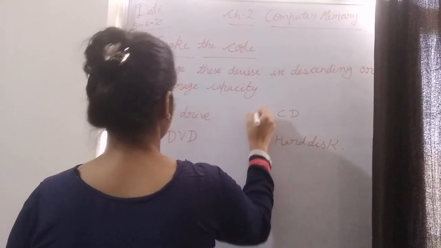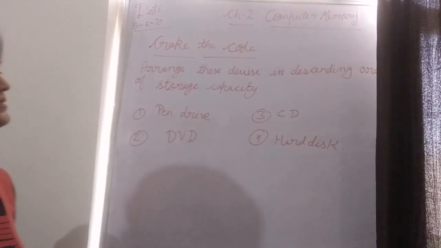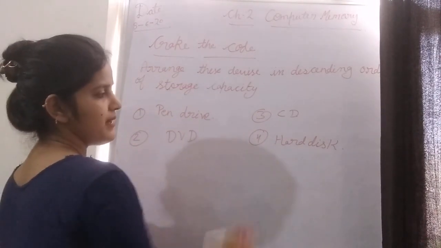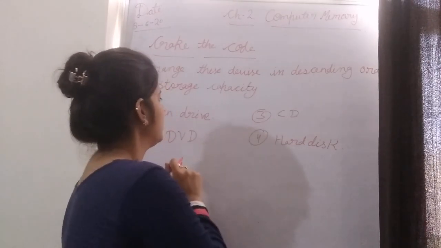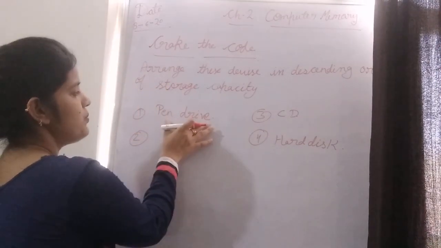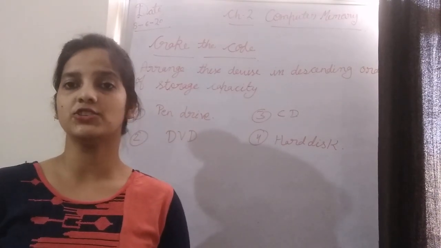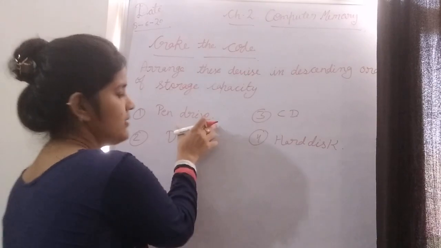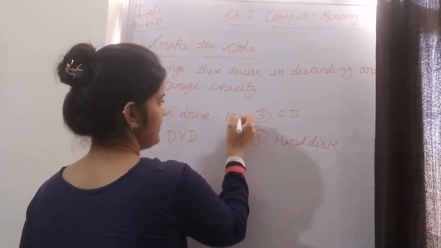Okay student, now see, these devices are secondary storage devices, and here see how much data a pen drive can store. So a pen drive can hold data up to 1 terabyte, 1 TB.